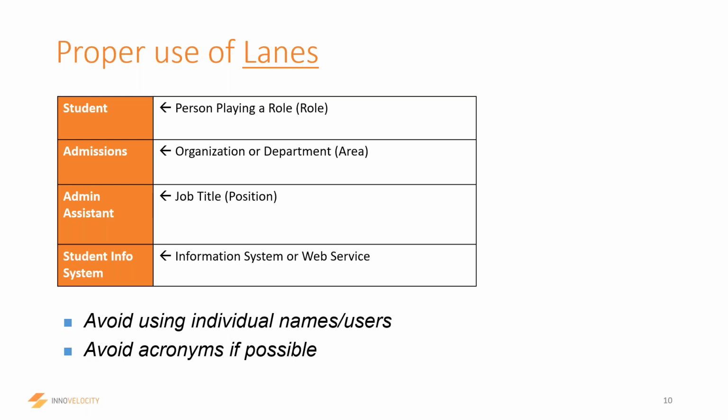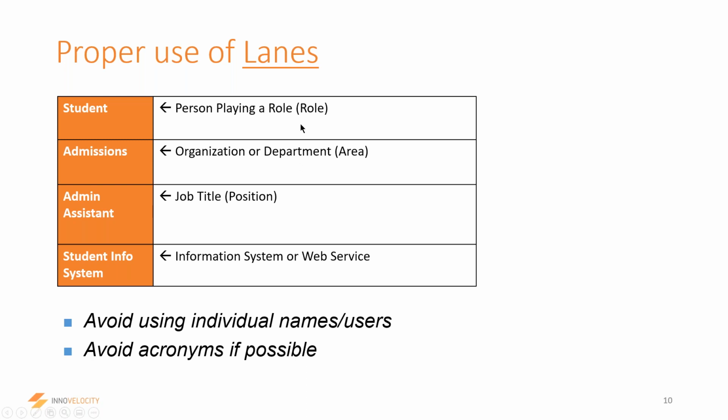If they are transforming something, if they're transporting something, or if they're just simply handing it from one place to the other, you want to make sure they're represented with a lane in your diagram.